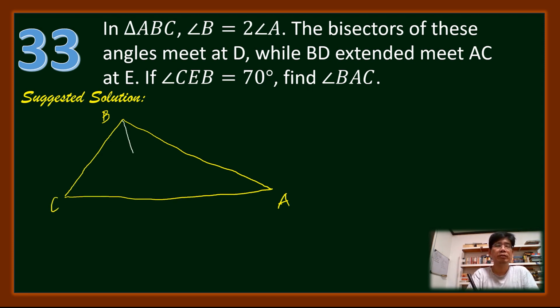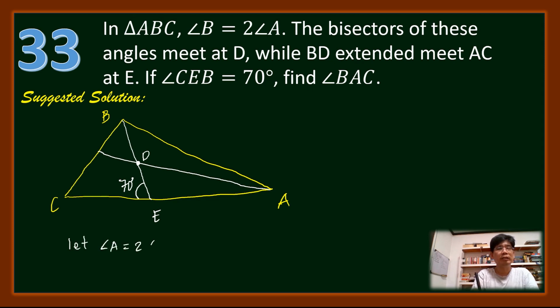We have the bisectors of angle B and angle A, which meet at point D, and BD extended meets AC at point E. We are given that angle CEB measures 70 degrees. Now, let the measure of angle A be equal to 2x.